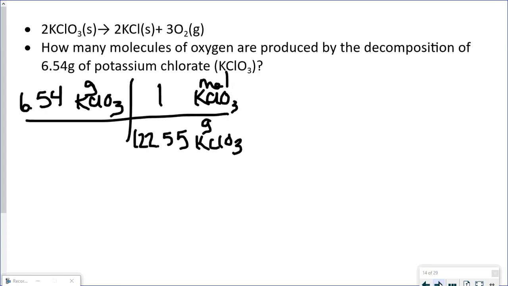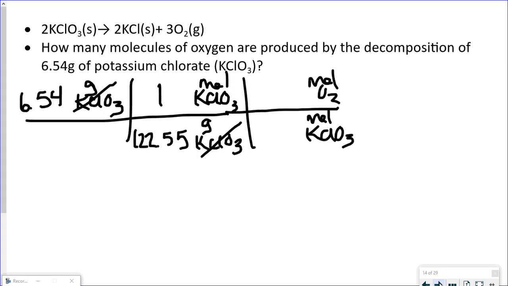That cancels out grams, leaving us with moles of potassium chlorate. We're looking for molecules of oxygen. So we no longer need moles of potassium chlorate. That will go down to the bottom. We can change into moles of oxygen up top.